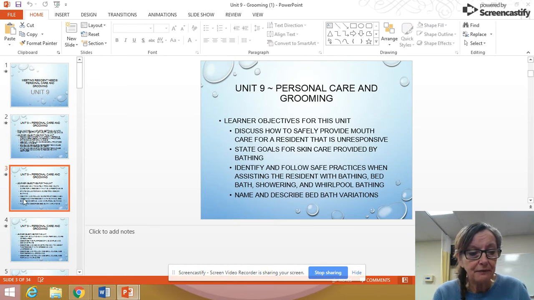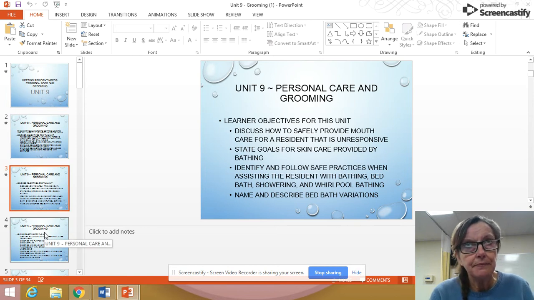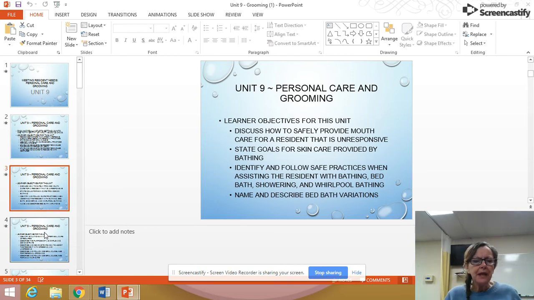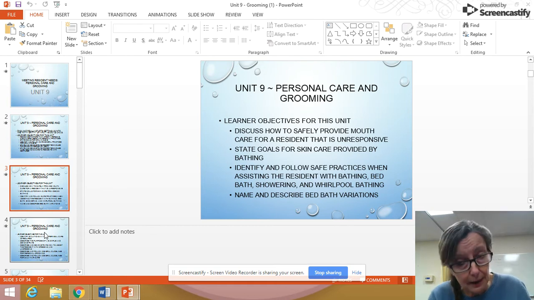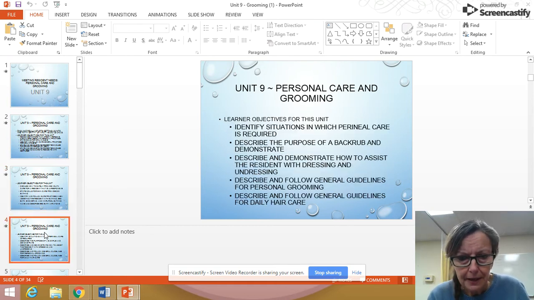Describe bed bath variations. The state talks about that some, but I also put a sheet of information from Bathing Without a Battle, which is strongly encouraged by the state for you to understand. I hope you'll look at that sheet because you may have a test question on that.